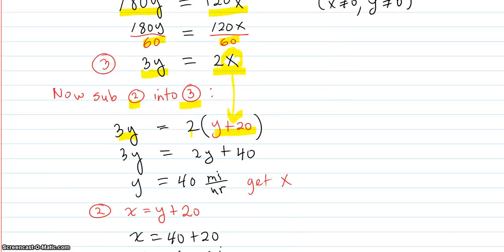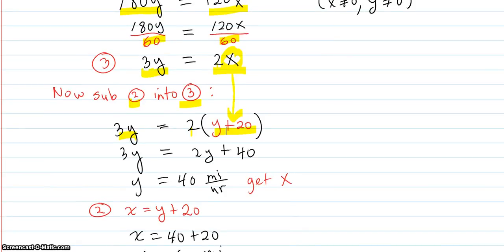Then multiply out: 2y plus 2 times 20, which is 2y plus 40. Subtract 2y from both sides. It knocks off the right side. Subtract 2y from here. You get 1y equals 40. That's in miles per hour.